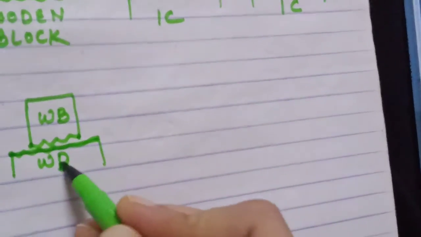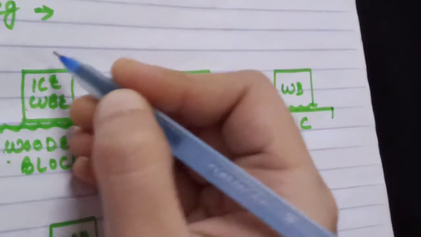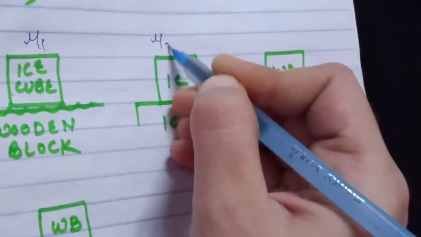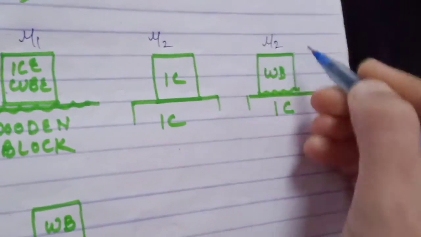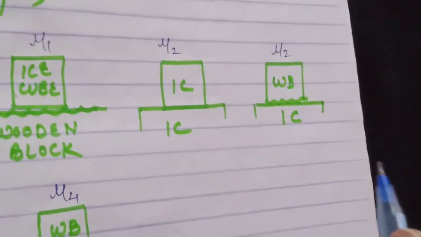So there is mu1, mu2, mu3 and mu4. Where is the coefficient of friction maximum and where the minimum? For this, I'll tell you that where the surface has a high finish, the coefficient of friction is maximum.